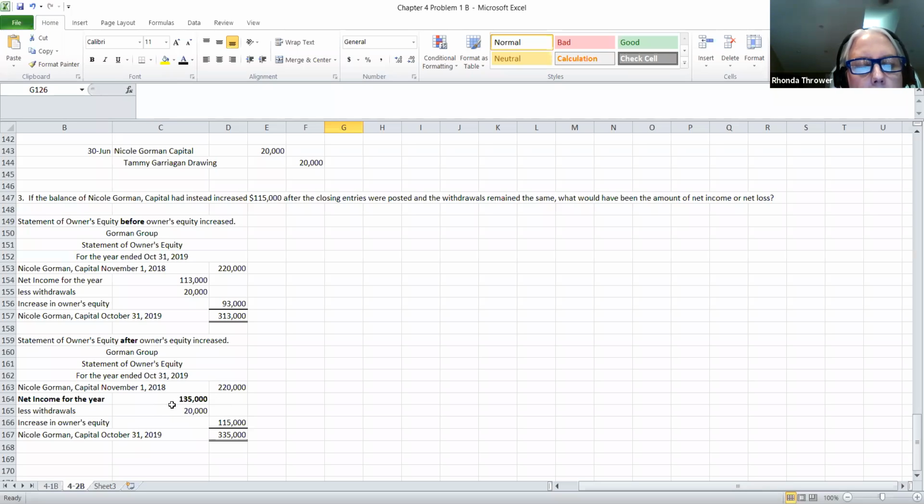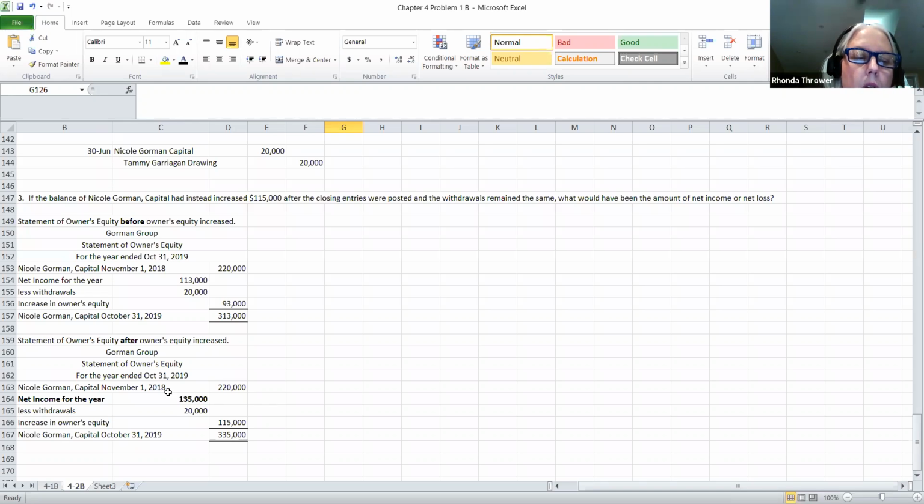So the net income amount is 135,000 if there was an increase in owner's equity of 115,000 and your withdrawals and your beginning owner's equity stayed the same as they were before.